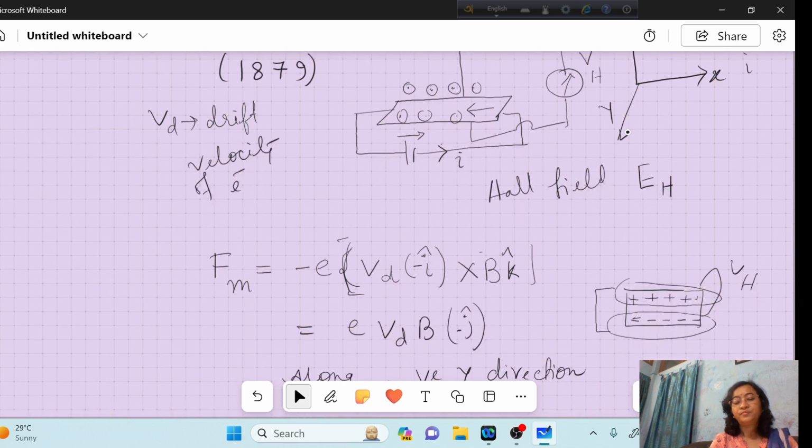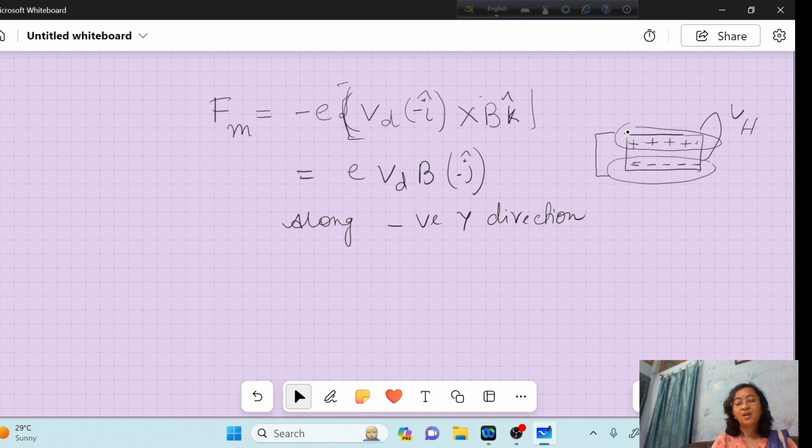Now come to the electric field. The force on the electrons due to the Hall field, we write as Fh equals minus e into EH, and the Hall field will be along this direction from positive to negative, such that the electrons will move towards the upper side.